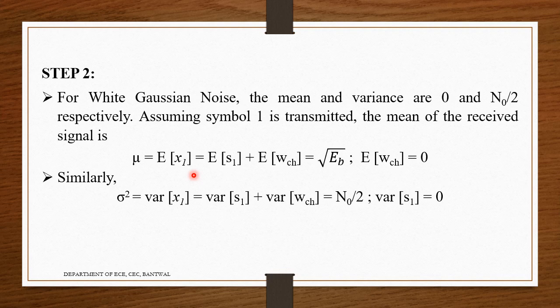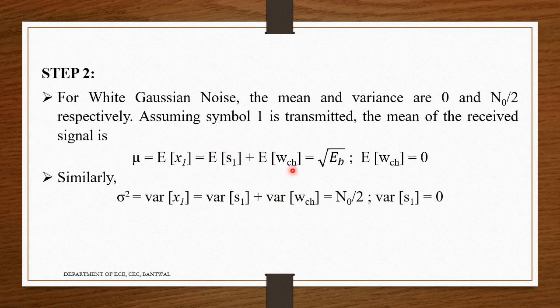That is expectation of S1 plus expectation of the white Gaussian noise. We remember that S1 is a constant, so the expectation of S1 is square root of EB. Mean is all about a constant value.